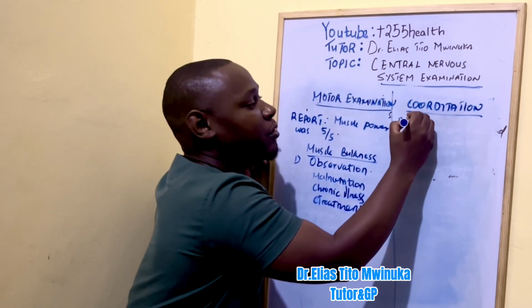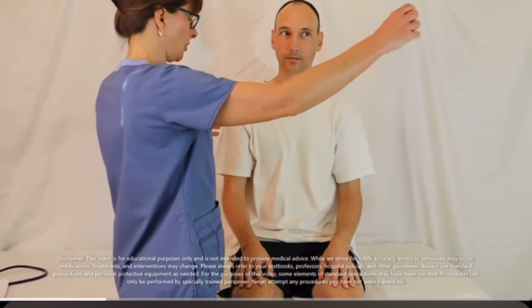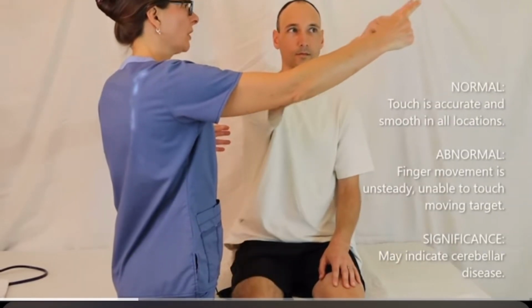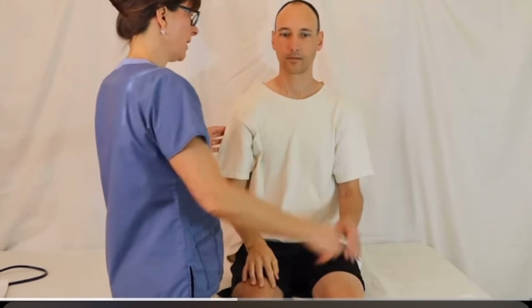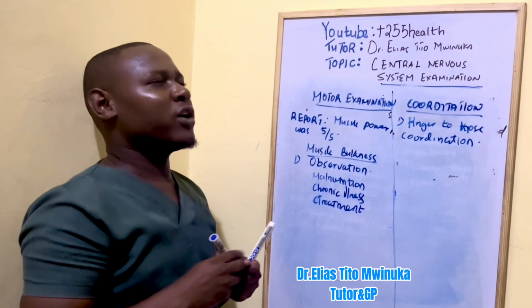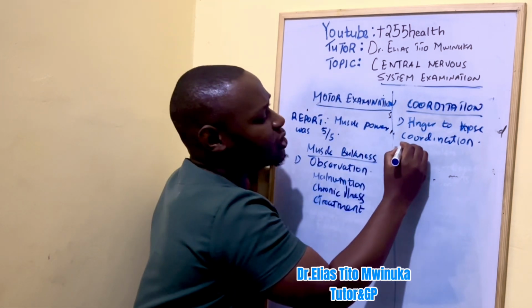Maybe as an example, you can use finger to nose coordination. Open with your right index finger, touch my finger over here, touch your nose, touch my finger again, your nose, my finger, your nose. Good. Other side, my finger, your nose, my finger, your nose, my finger. So in case some people have a problem with coordination, especially people who are stroke patients.